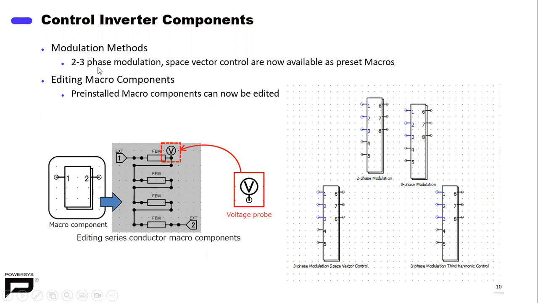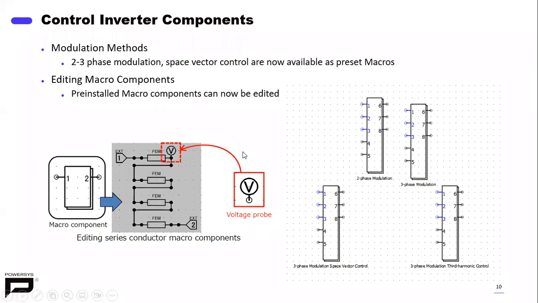We can use those modulation and space vector control blocks to do a comparative analysis of how much the iron loss changes when we use two-phase modulation as well as three-phase modulation. So in this version, we have the inbuilt macro components. Another advantage in version 22 is that we can add our own components to the macro component without redoing it. So editing is possible in the macro component in this version.